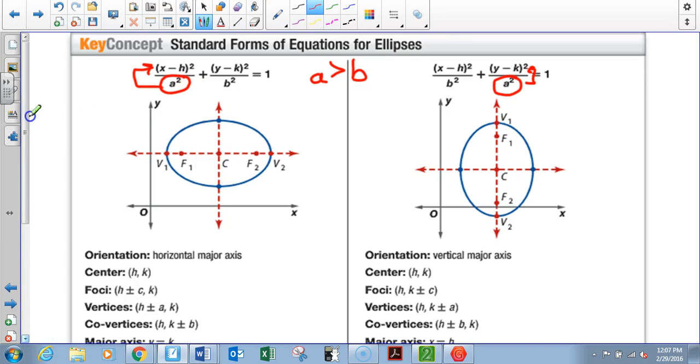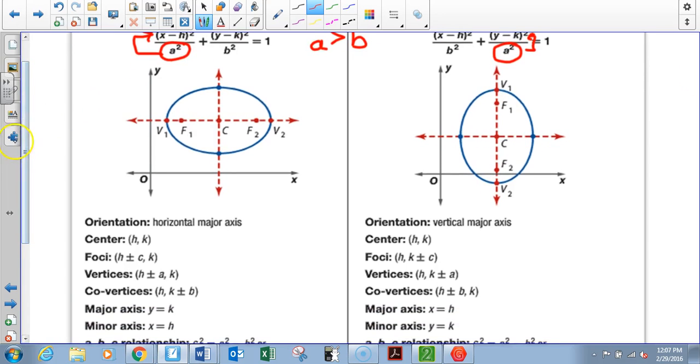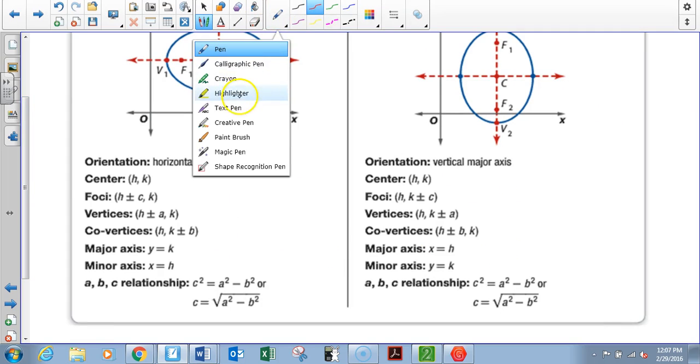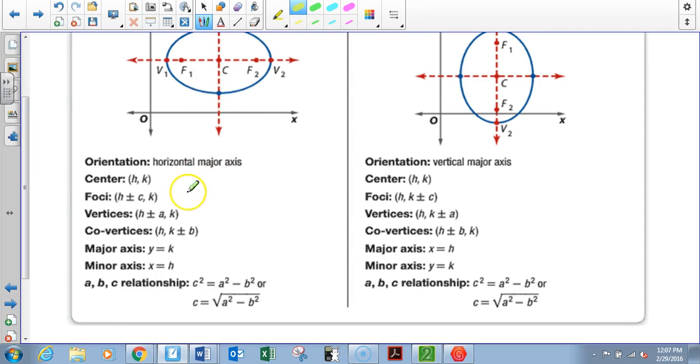All right. Now, I'm not going to make you state all of this when we do these. The ones I would like you to actually identify on your homework will be the center, the foci, the vertices, and the co-vertices, okay? You don't have to write all this other stuff.